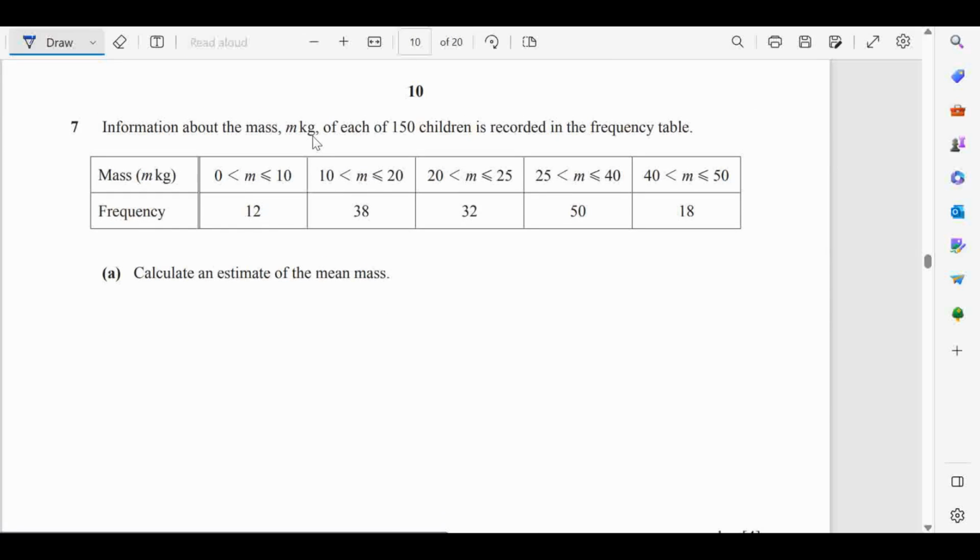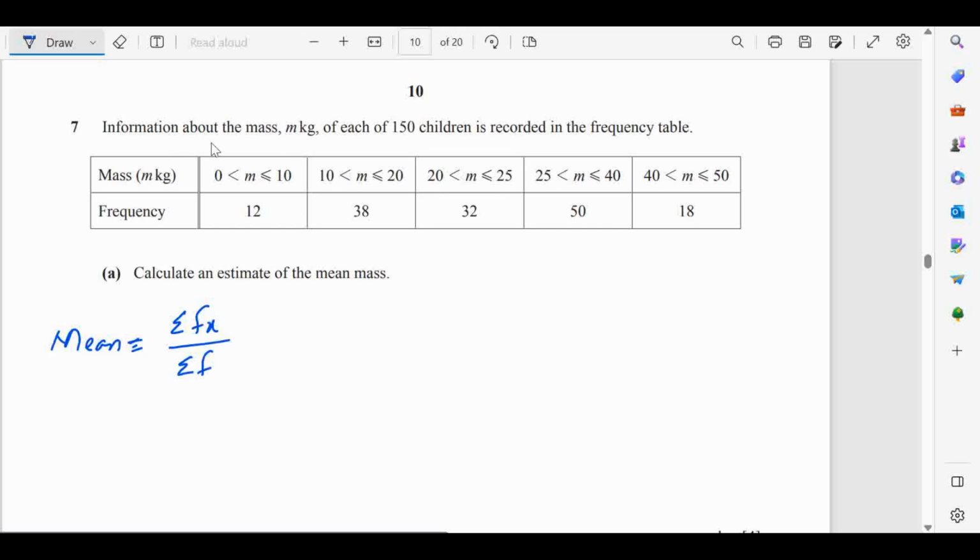Information about the mass m of each of 150 children is recorded in the frequency table. Calculate an estimate of the mean mass. We know that the formula for the mean is summation of fx divided by summation of f.